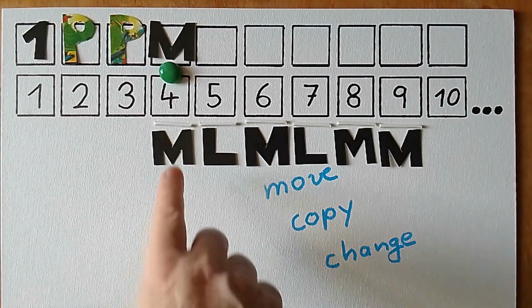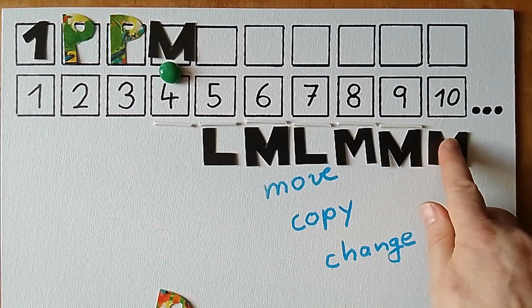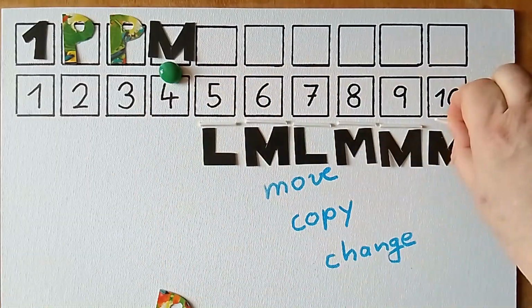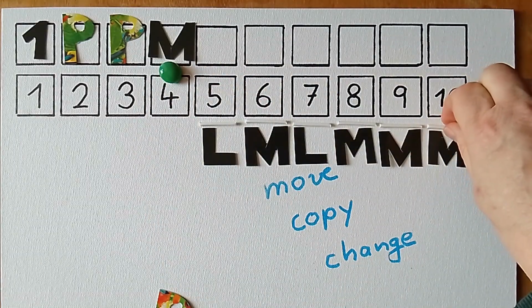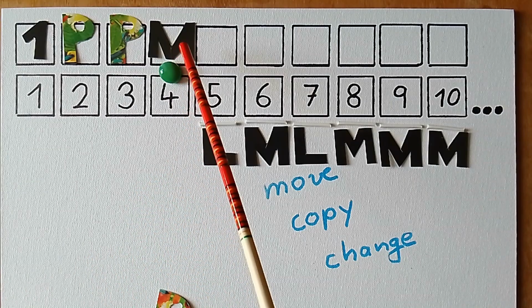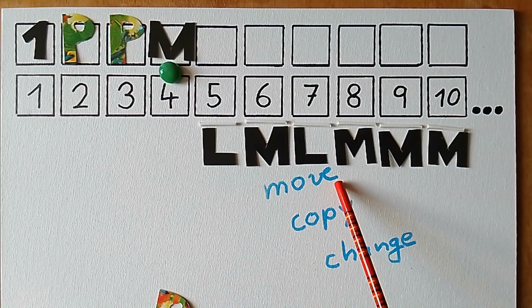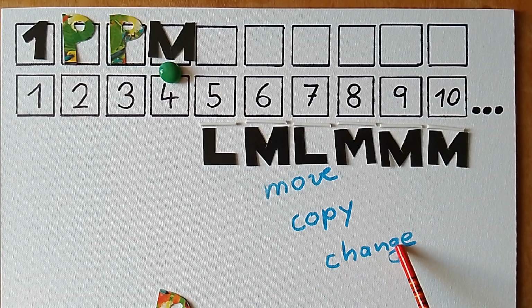And I move the first position to the last position. Whenever we have a composite, a multiple, we only have fractal process move, because multiples don't copy and they don't change anything.